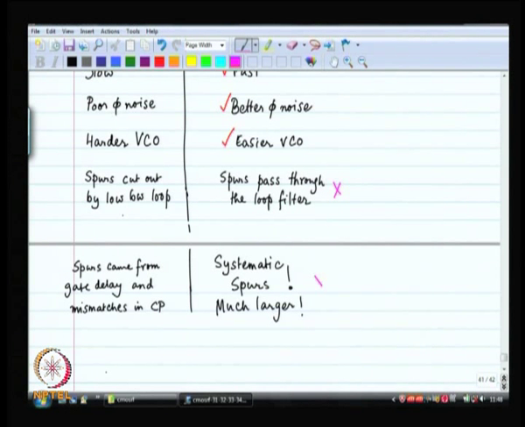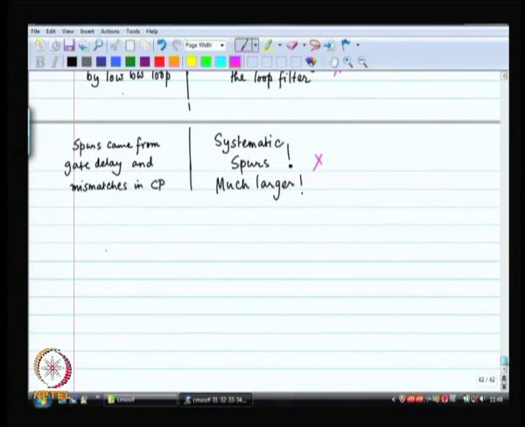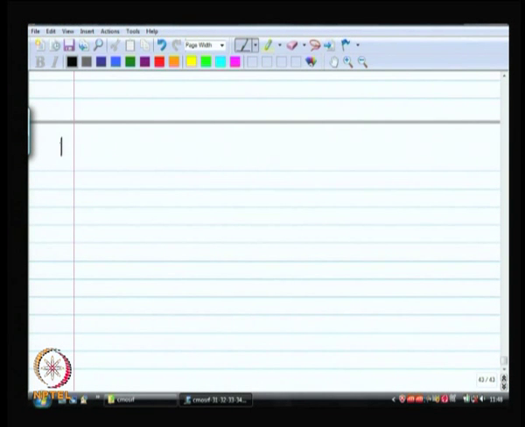So, what can I do to the fractional n to get rid of these spurs? These spurs seem to be very serious in this fractional n synthesis. They are very serious. First of all, they pass through the loop filter. Secondly, they are much larger because they are systematic. So, what can I do? So, once again, rethink and revisit.